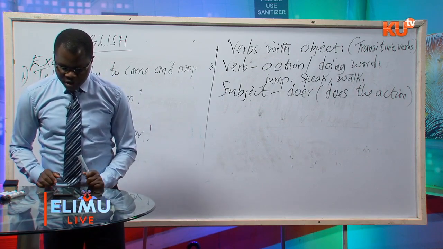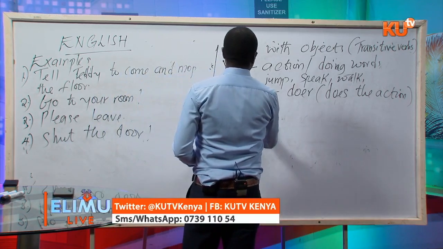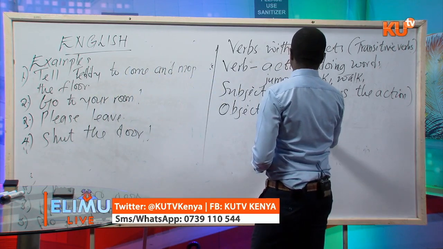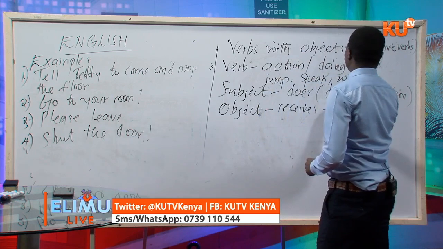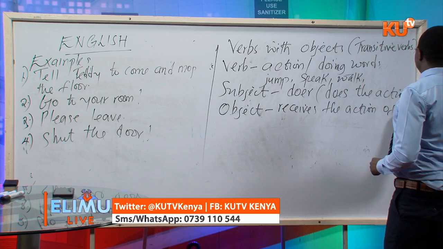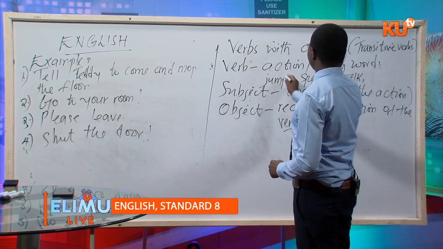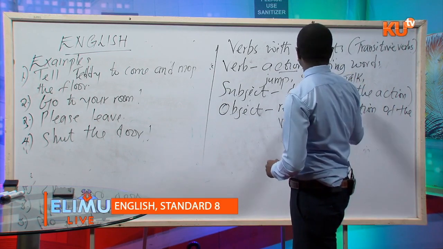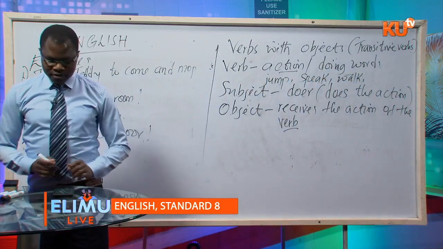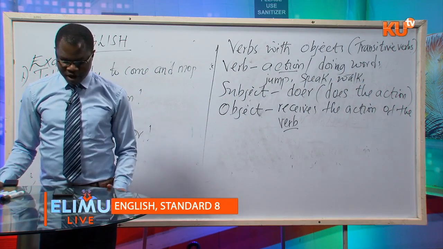Then we have what we call an object, because we are looking at verbs with objects. The object in a sentence receives the action of the verb. Remember that action, we said action or doing words. We are looking at verbs with objects, or transitive verbs.